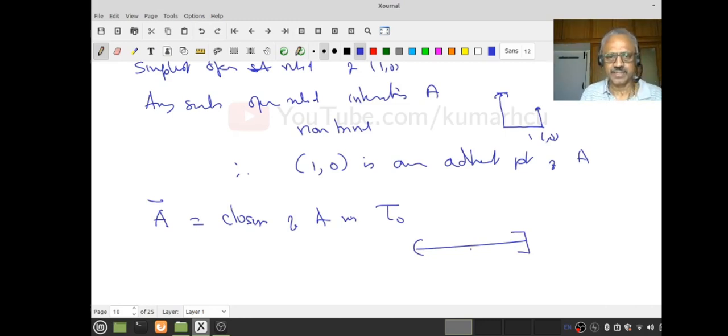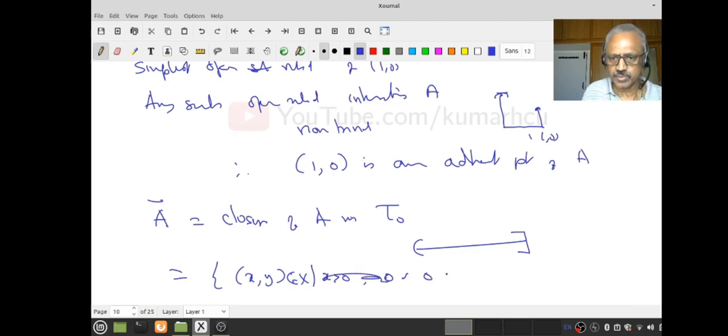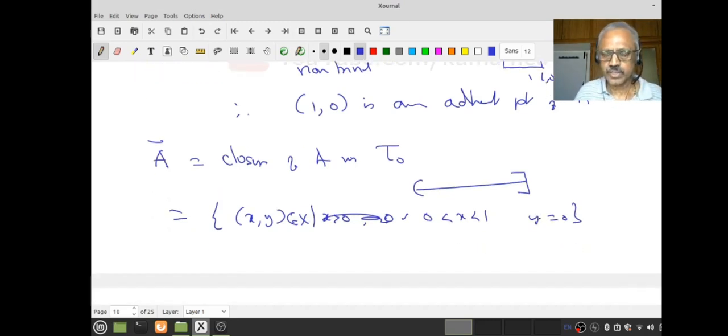If you want, you can write it: the set of (x,y) in I squared where 0 less than x less than 1 and y must be 0. No other point can be there.